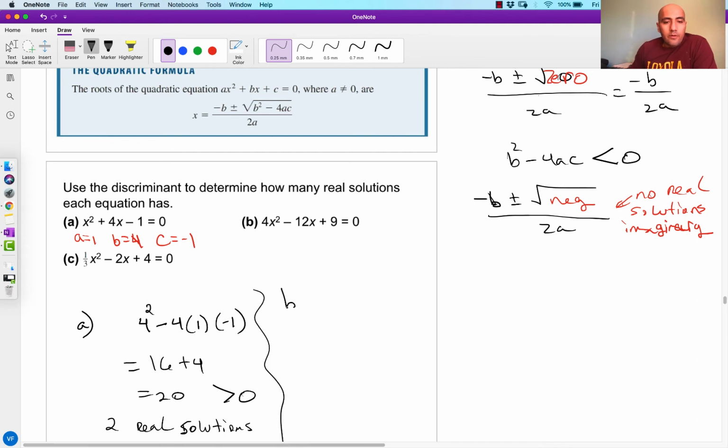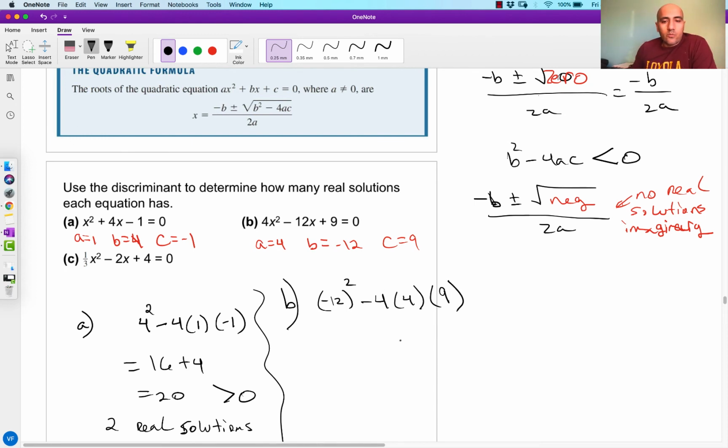Good. For part B, let's label those. The role of A is played by a 4, the B is being played by a negative 12, and the C is being played by a 9. So now when I plug it in to figure out the discriminant, I'll get negative 12 squared, that's the b squared, minus 4a, which is 4, and c, which is 9.